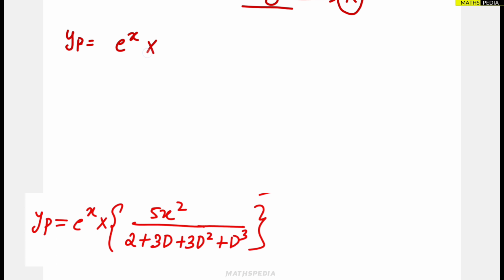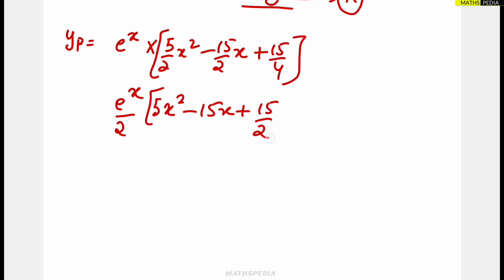Now if you want you can simplify, take 2 outside. So what will it be? e power x by 2 into 5x square minus 15x plus 15 by 2. Now from this also, if you want you can take 5 outside. So 5 e power x by 2 into x square minus 3x plus 3 by 2.